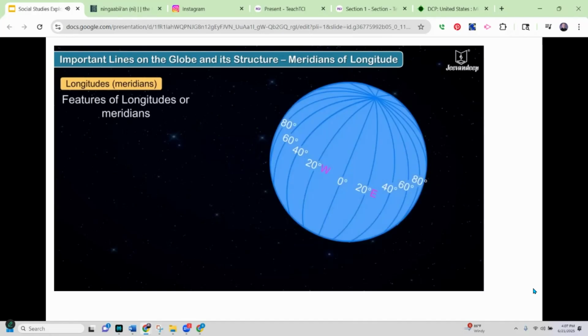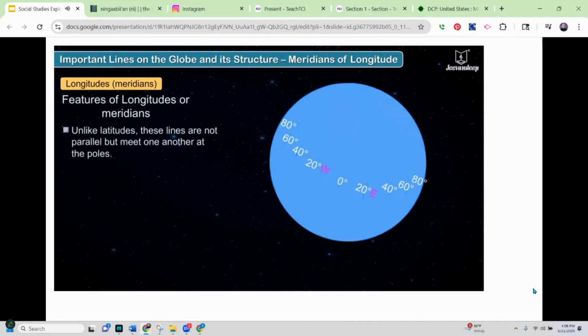Some important features of longitudes or meridians. Unlike latitudes, these lines are not parallel but meet one another at the poles. All meridians are equal in length.